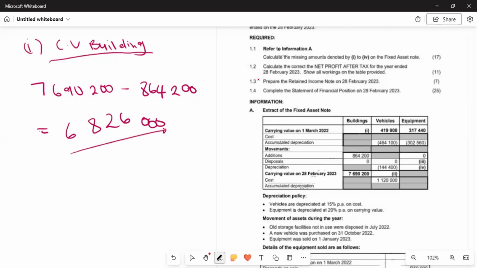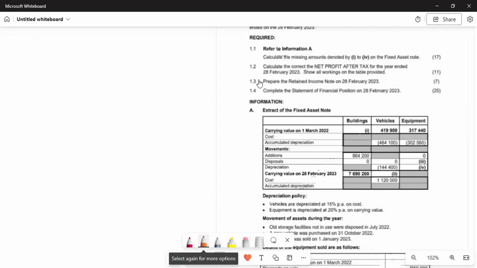Now, the next question wants us to calculate the carrying value at the end of the year for our vehicles. How would we go about doing that? With regards to cost as well as accumulated depreciation, there is a formula that you need to use. For this example, we're going to use the formula for calculating accumulated depreciation.